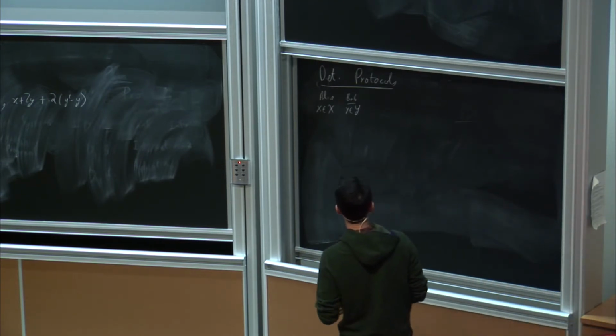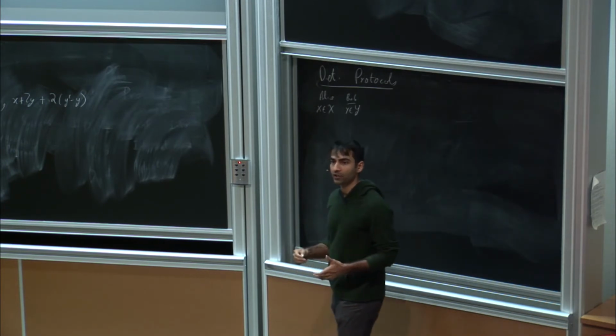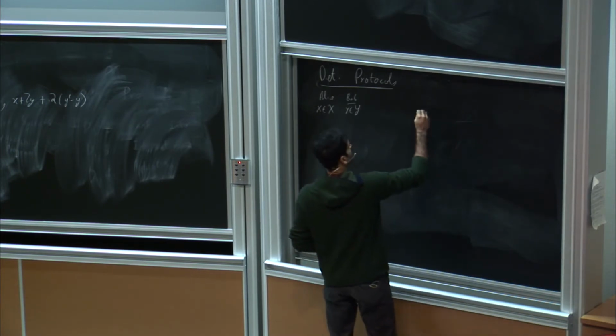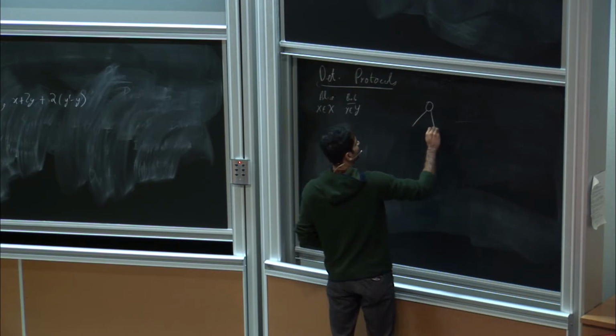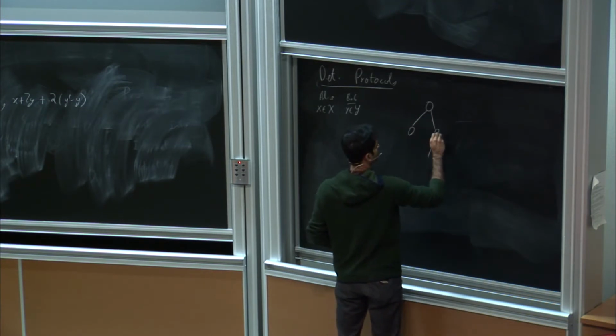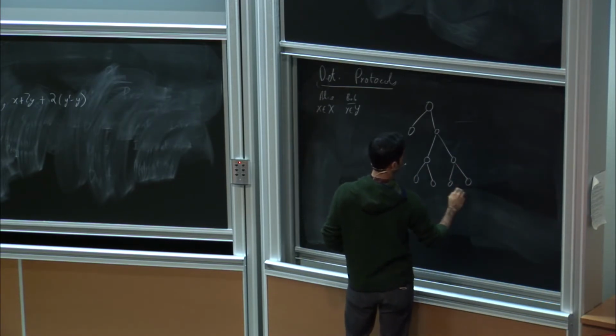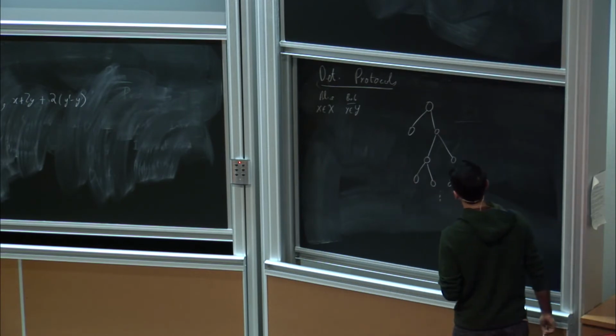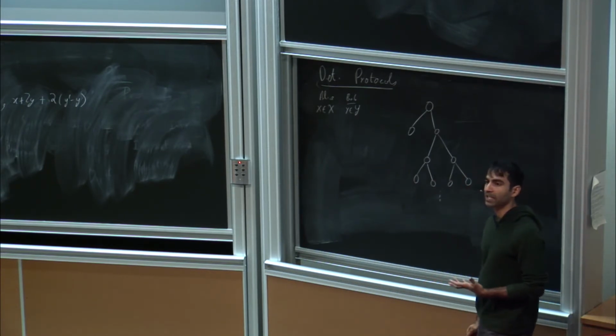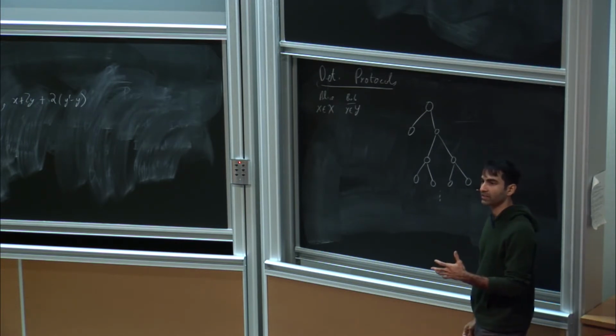So the way I'll define a protocol is using a binary tree, where every vertex will be labeled by a function that maps one of the player's inputs to a bit.